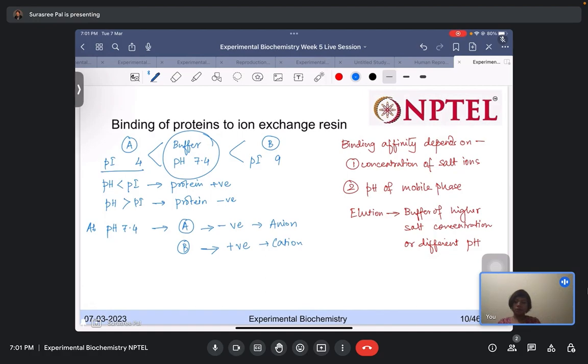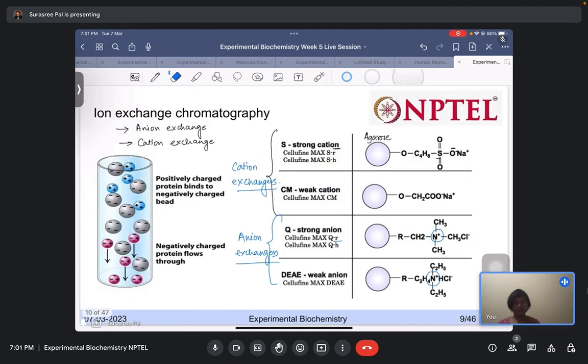Now we will have to decide which matrix we use in this case. Suppose we are using a Q-Sepharose matrix. As I told you in the slide, Q stands for quaternary, so Q is positively charged. So this matrix is positively charged.